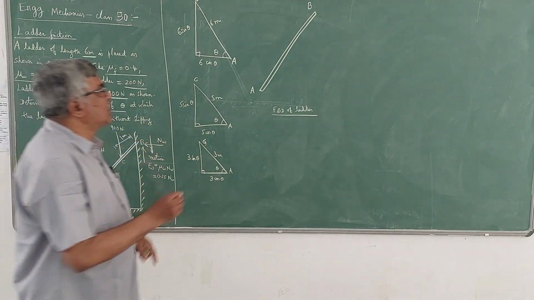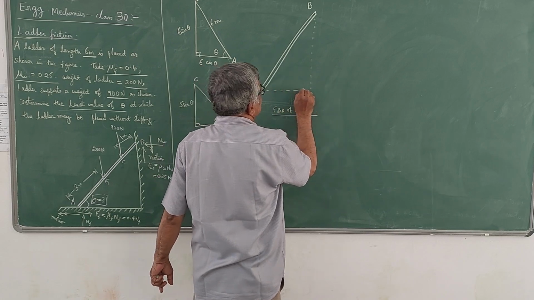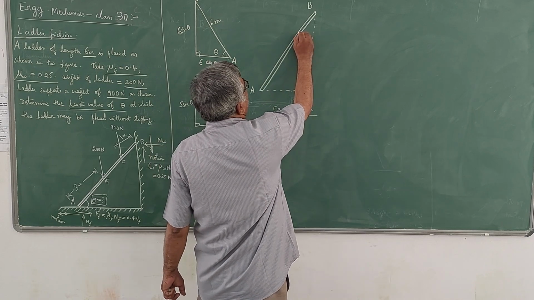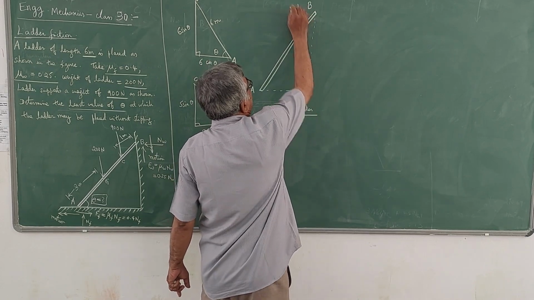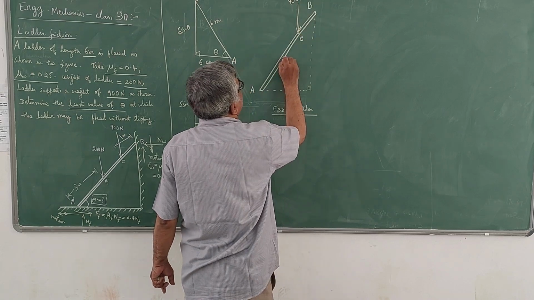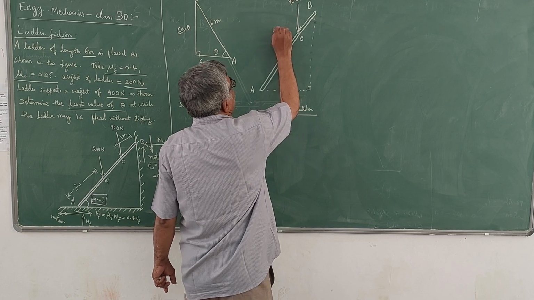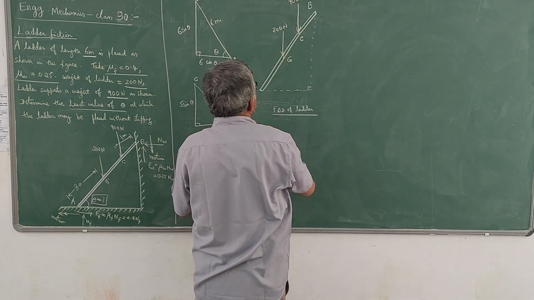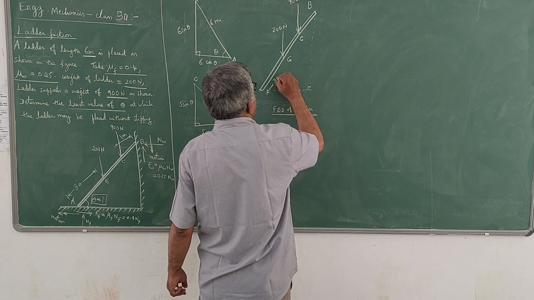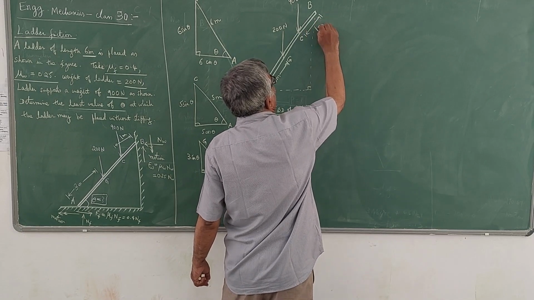Now if you write those forces here, this force will be here, 900 Newton, acting at C. And the center of gravity G is here, the weight of the ladder will be acting here, 200 Newton. Distances, this is 3 meters. This is 1 meter from here, so all these are known.